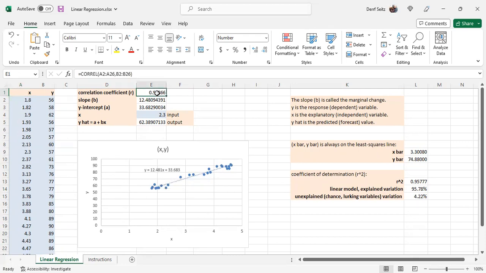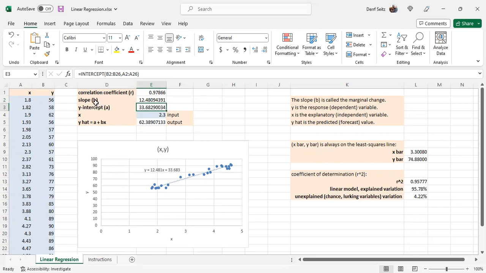Up at the top, the correlation coefficient uses the CORREL function. This value is very close to 1, indicating a strong positive linear relationship in these ordered pairs. The slope of the line uses the SLOPE function, and the y-intercept of the line uses the INTERCEPT function.